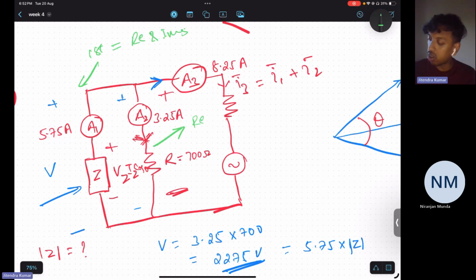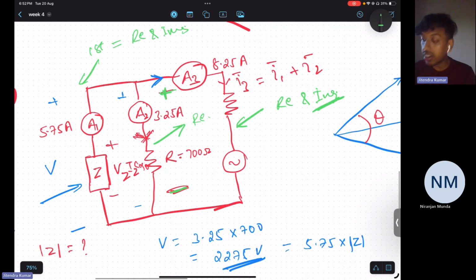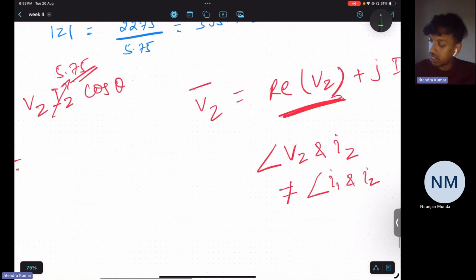The second branch has real only. The third branch again has real and imaginary. So we are sure that this branch has 700 into 3.25. That is purely real. And if you multiply it, that will be our Vz.